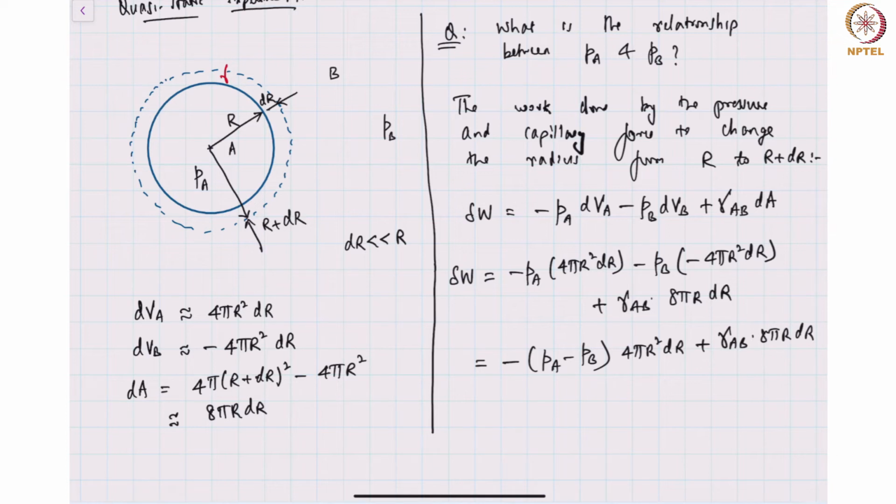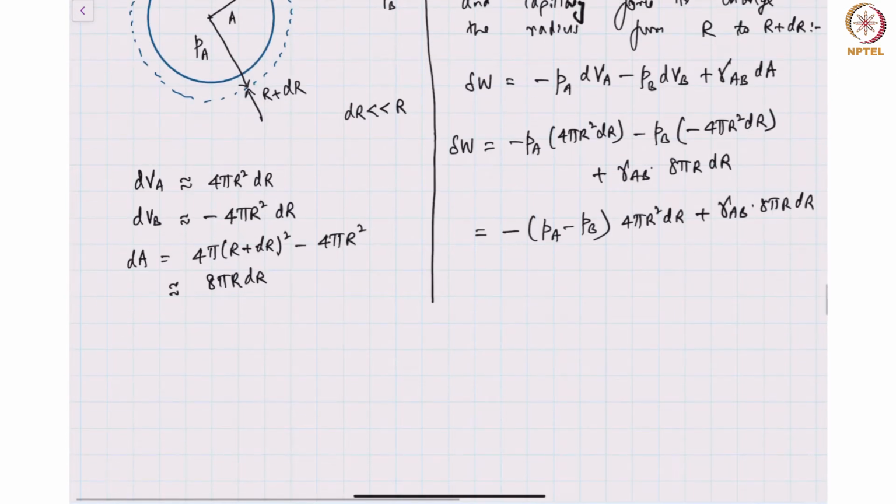Straight away I can write down the condition for mechanical equilibrium. For mechanical equilibrium, these two effects, the work done by the pressure and the capillary forces, are perfectly in balance, and therefore dW would be 0.